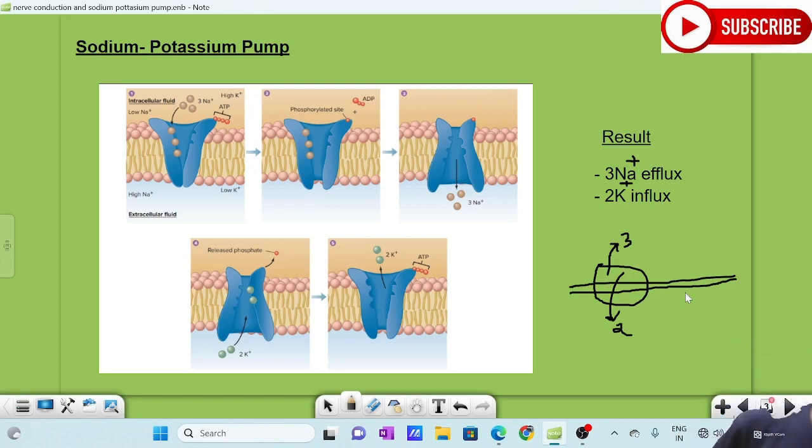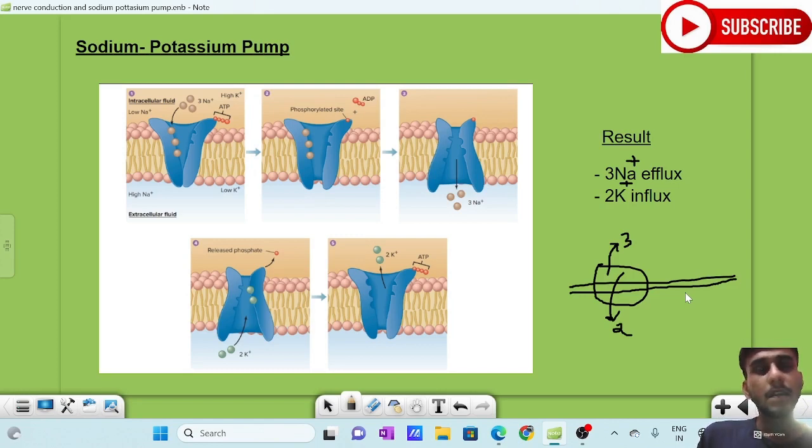Okay, that is the condition. So what the pump does is efflux of 3 sodium outside and influx of 2 potassium inside. This is the working of the pump. So each time the pump works, we get 3 sodium outside and 2 potassium inside. Okay, that is the thing.